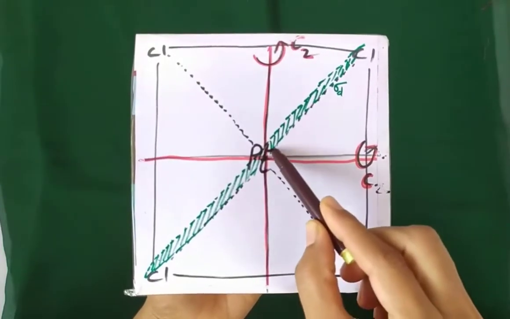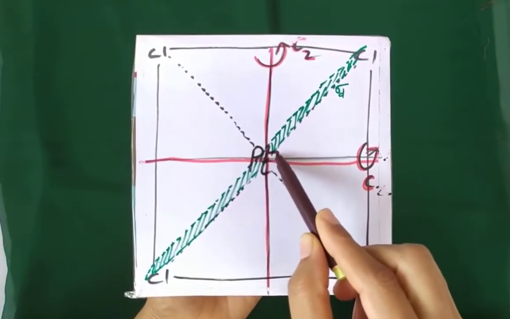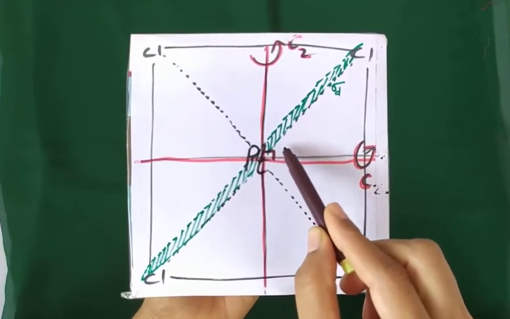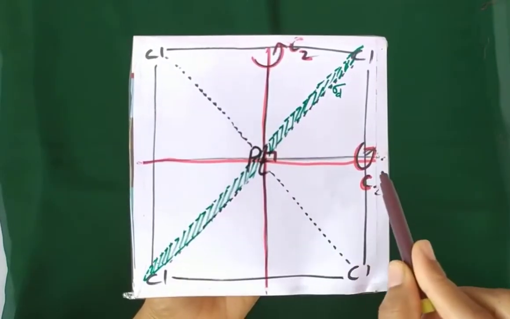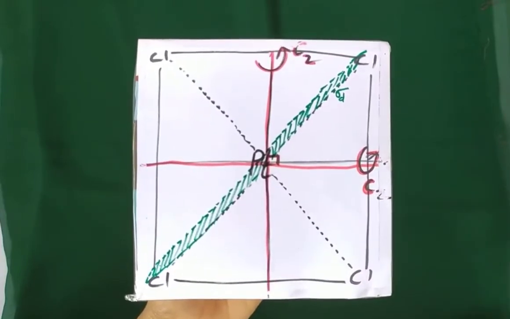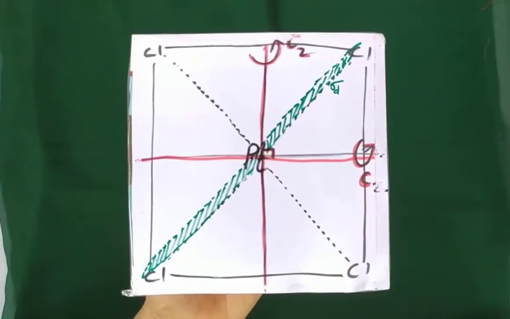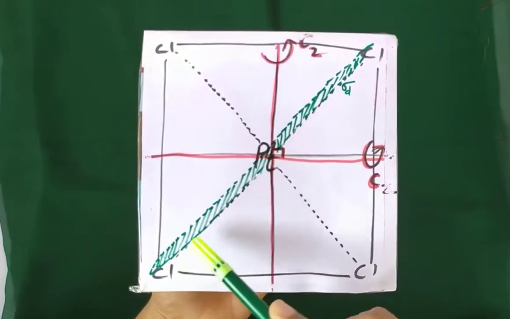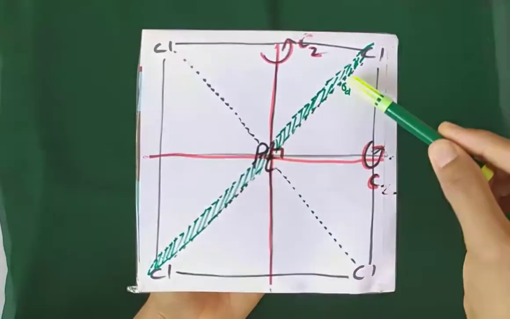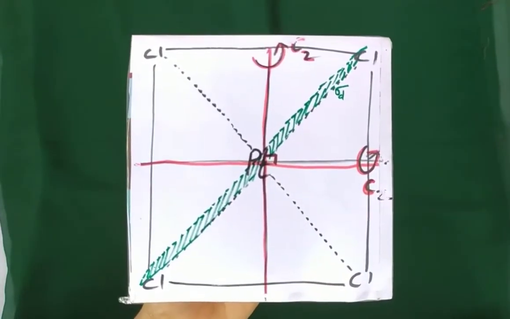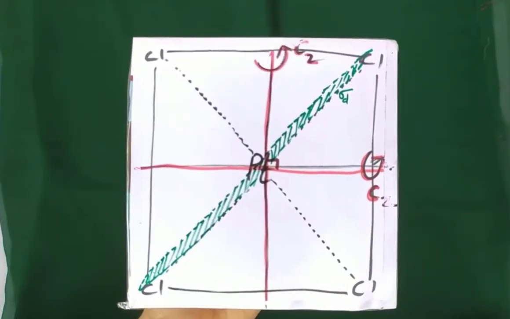What is the angle between them? It is a right angle, so it is 90 degrees. Means these two C2 axes are perpendicular to each other, and in between these two C2 axes I have passed this plane which I have shown by green color.